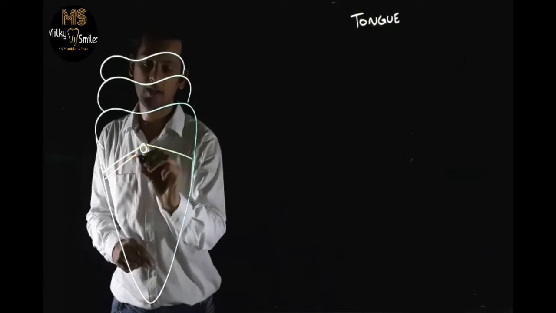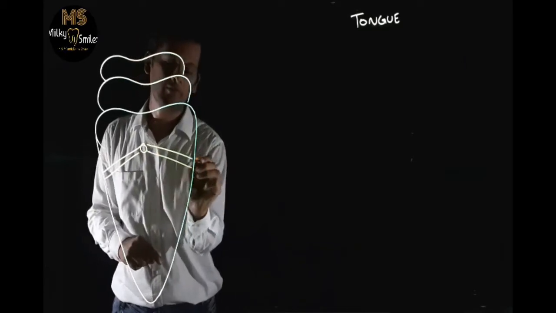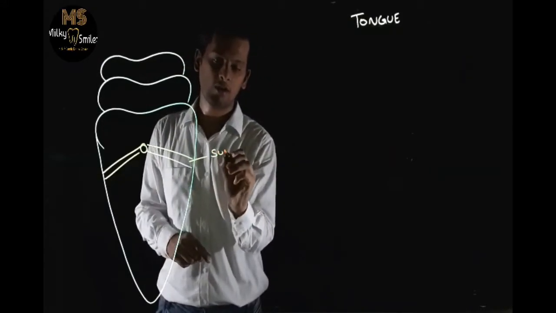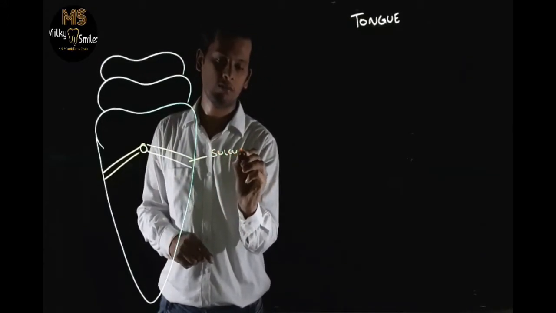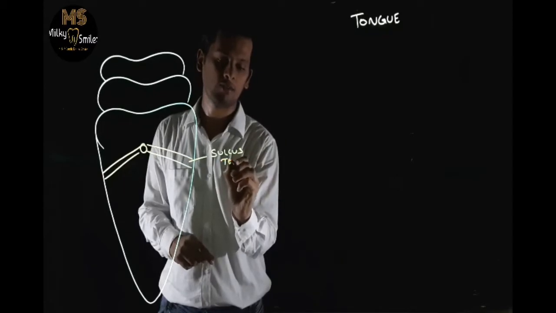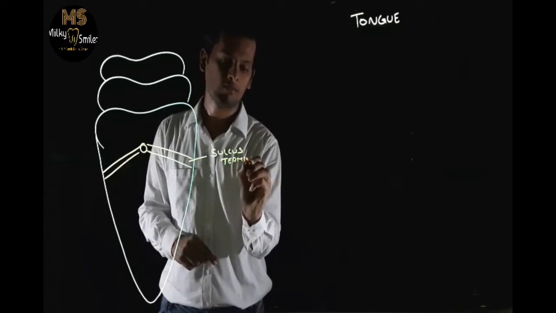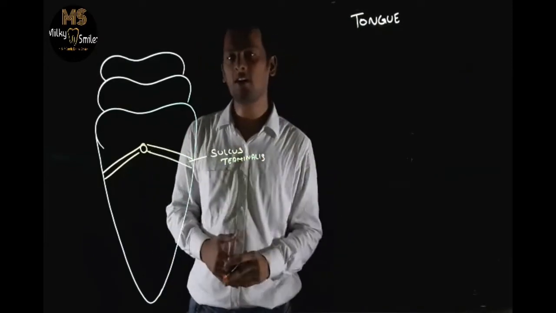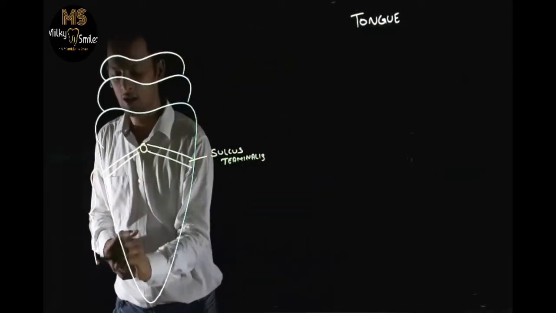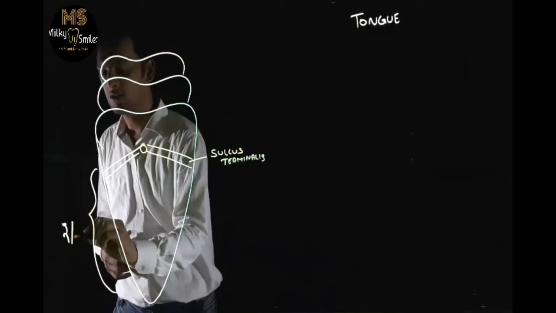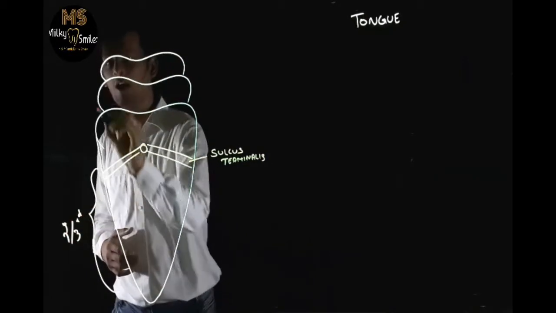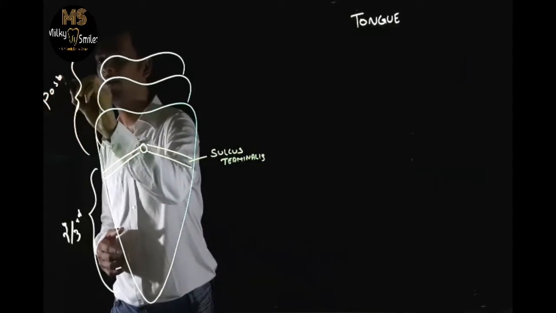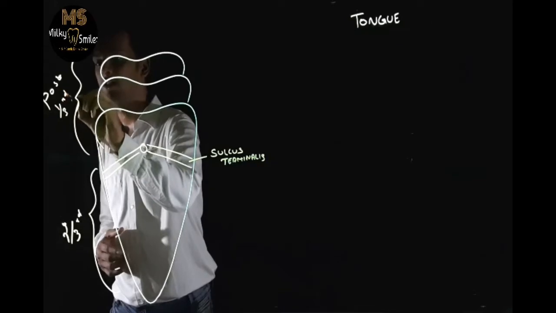In the center of the tongue, there is a V-shaped groove on either side called sulcus terminalis. So this sulcus terminalis divides the tongue into anterior 2/3 and posterior 1/3.